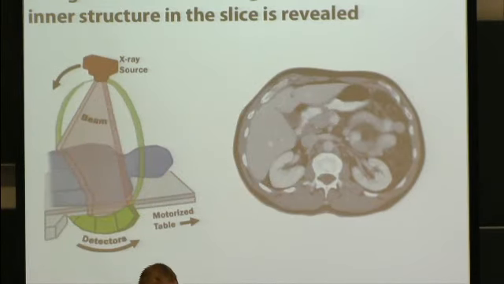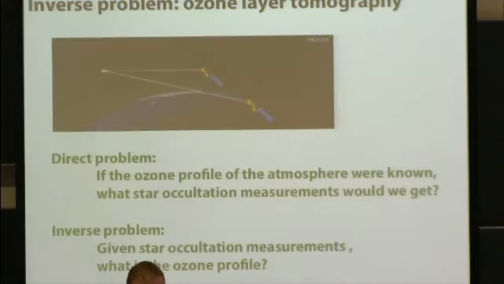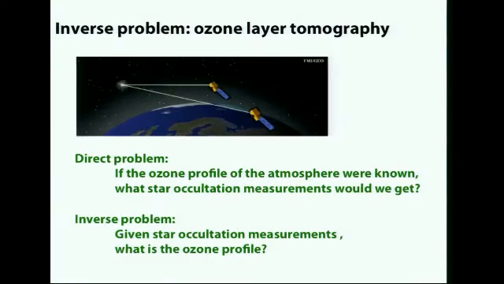I'll be talking a lot more about this application, but let me mention at this point something about the power of mathematics. The same mathematics that is behind the medical X-ray tomography problem can be seen also in this space-borne measurement problem, where the idea is to map the amount of ozone at different heights in the atmosphere.